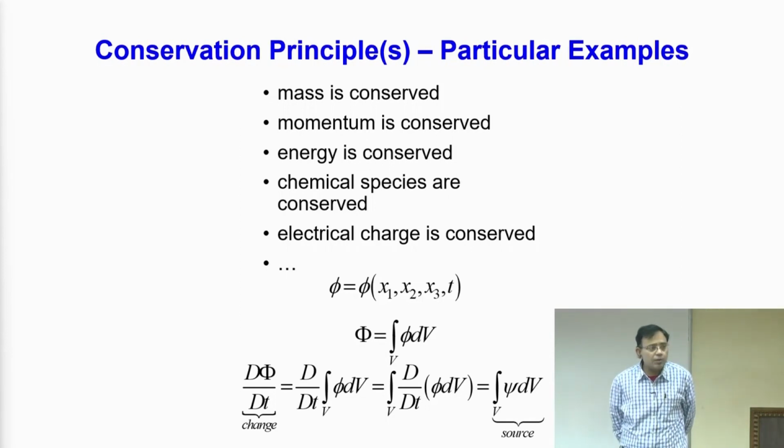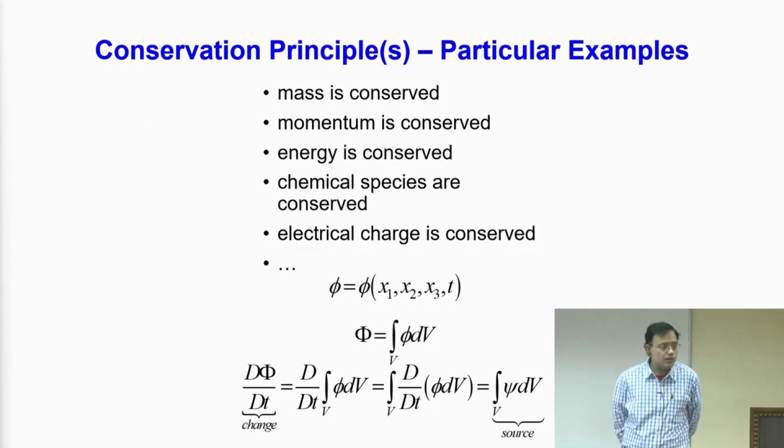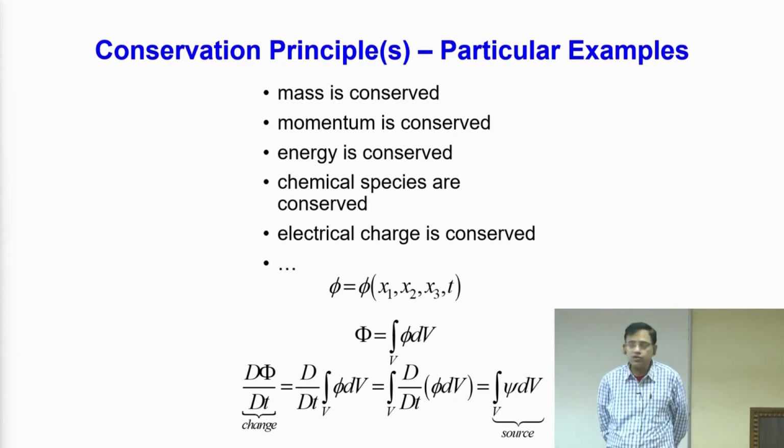Now, when we talk about conservation, mass is conserved, momentum is conserved, energy is conserved. In a reactive system, chemical species are conserved, electrical charge may be conserved. So, the whole idea is that the physics which is talking about a conservation principle, the conservation principle can be applied across the physical phenomena.